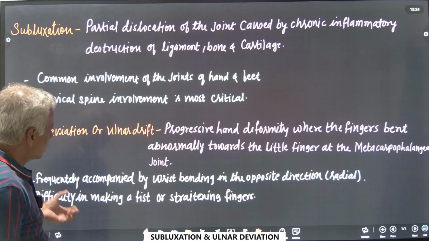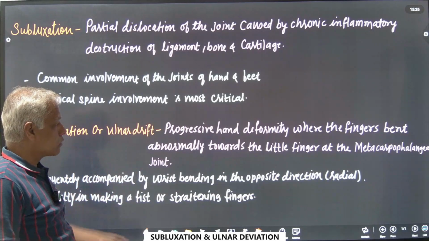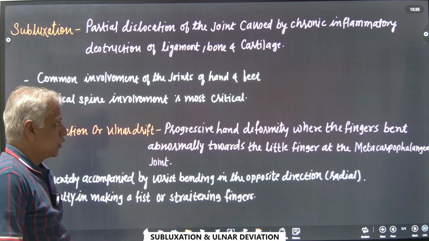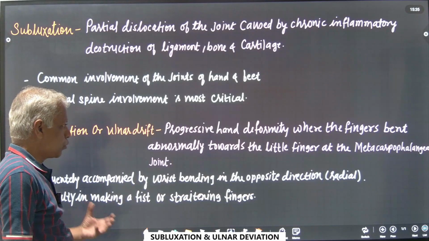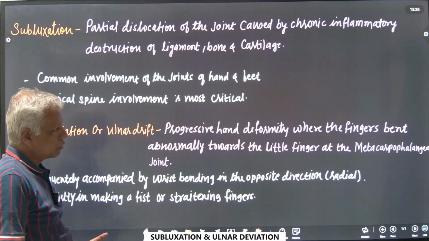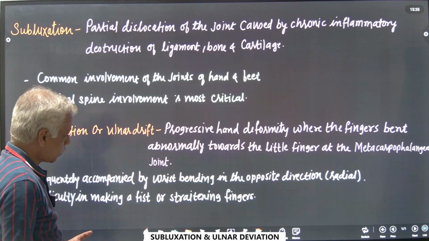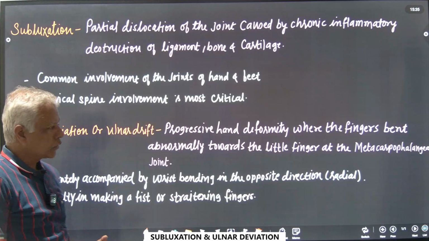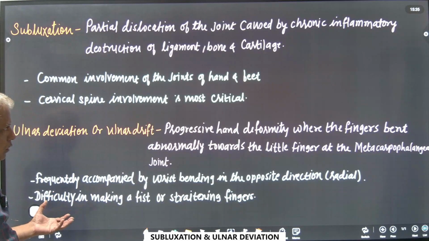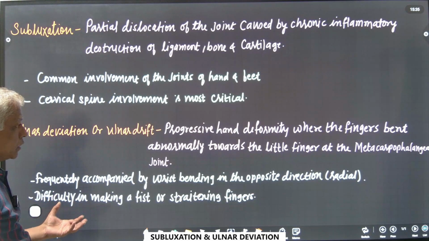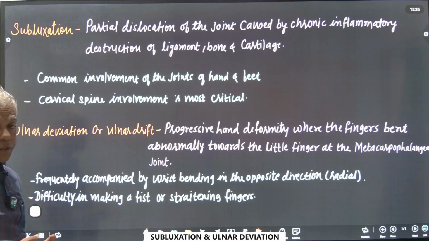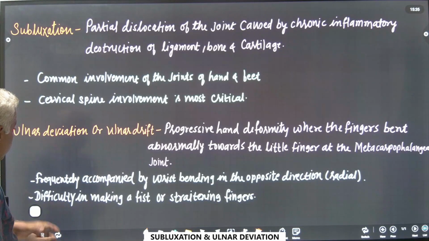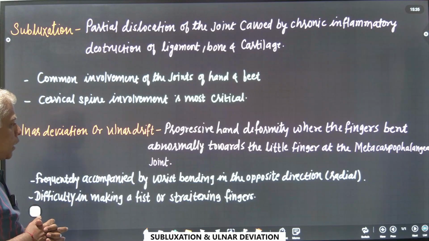Definition-wise, it is a progressive hand deformity where the fingers bend abnormally towards the little finger at the metacarpophalangeal joint, frequently accompanied by a wrist bending in the opposite direction.